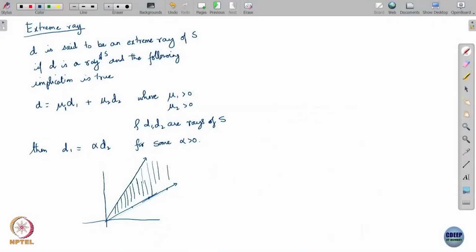Let me ask you a simpler question. First, tell me all the rays of this set before we talk of extreme rays. What are the rays of this set? The set of all rays of the set is the set itself, right.